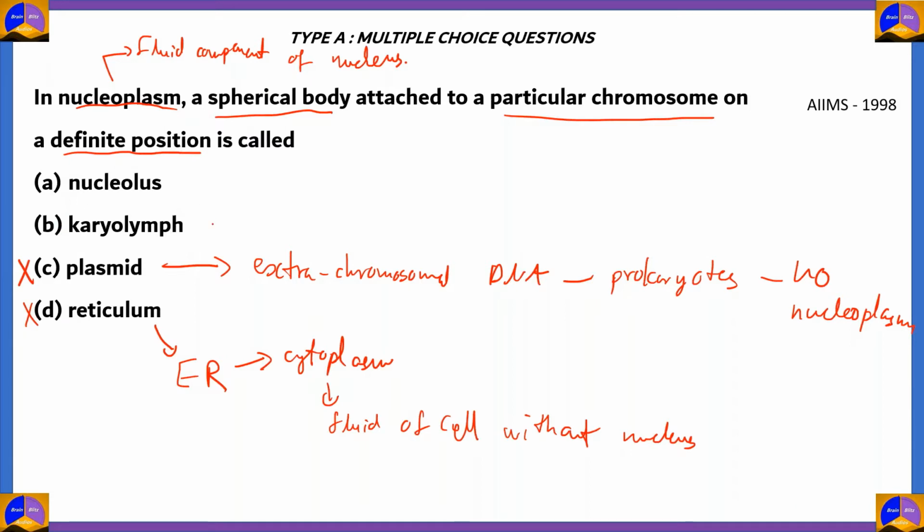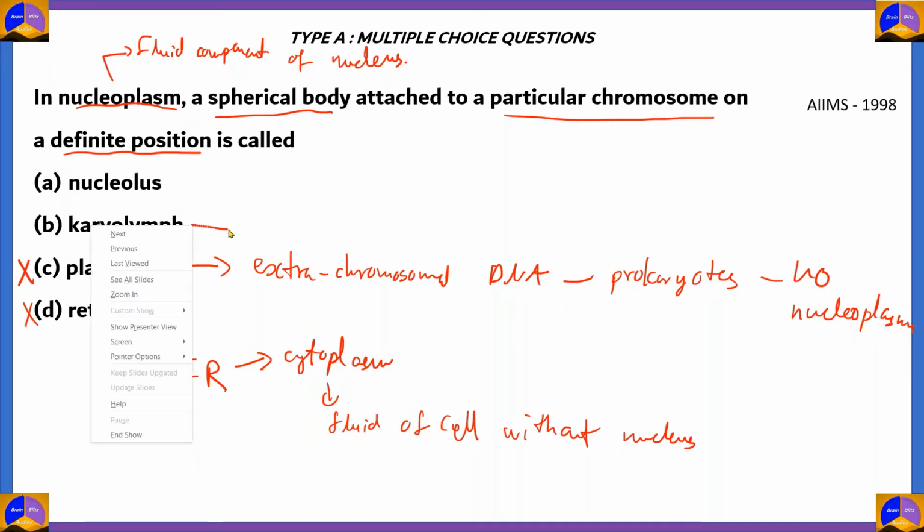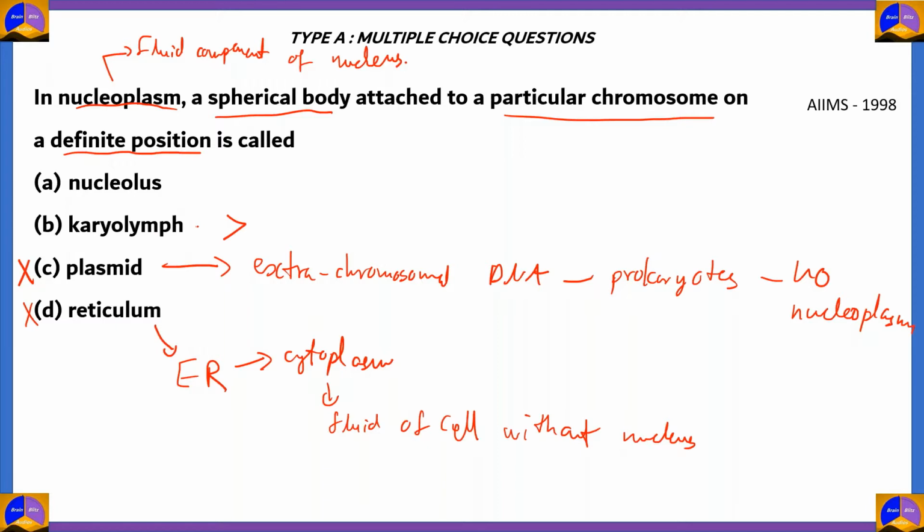What about option B, karyolymph? Karyolymph is the liquid portion in the nucleoplasm. The question is asking us to find a spherical body attached to chromosomes in a definite position. So option B is incorrect, and that means option A, nucleolus, is the right answer.